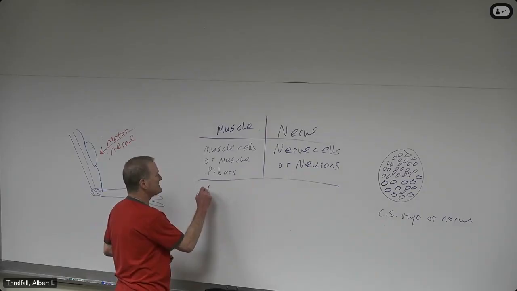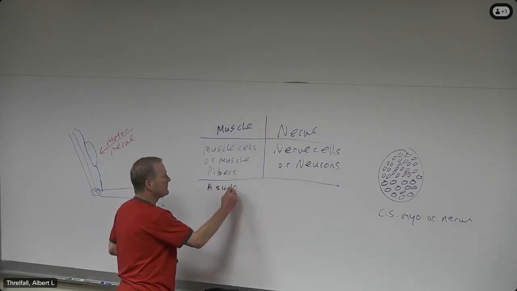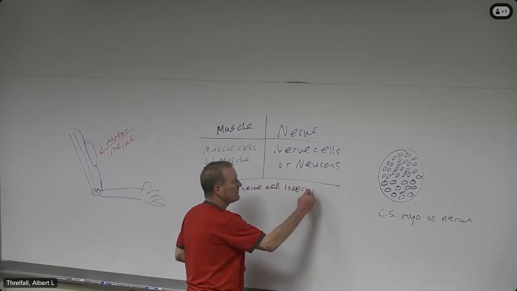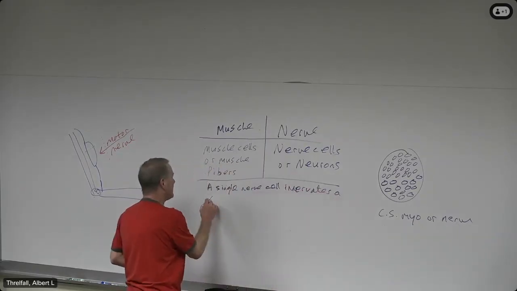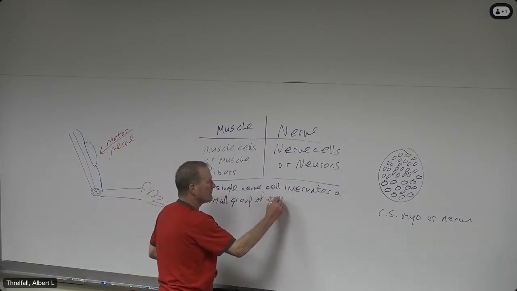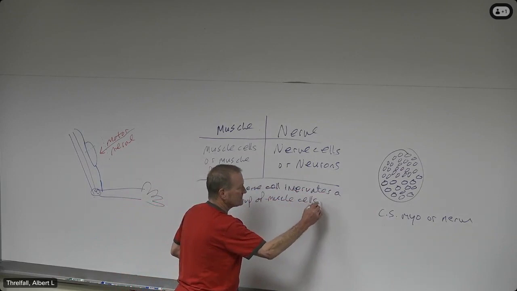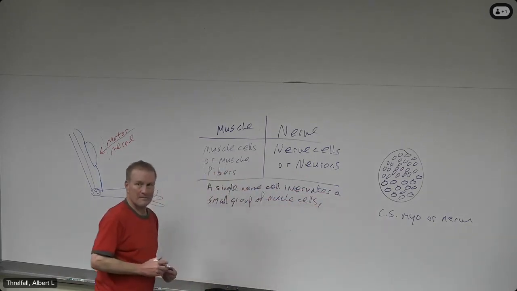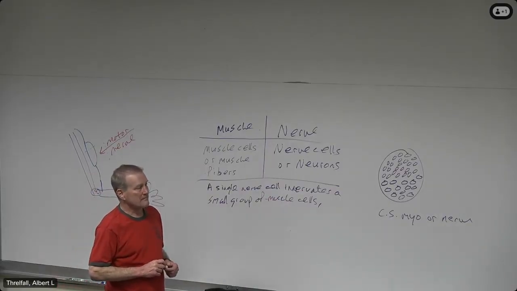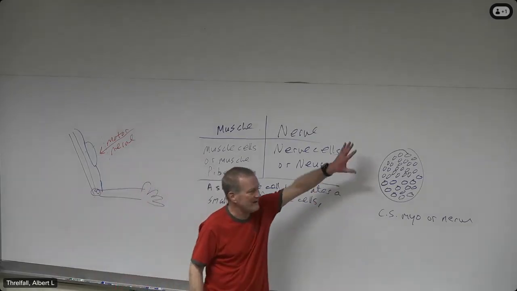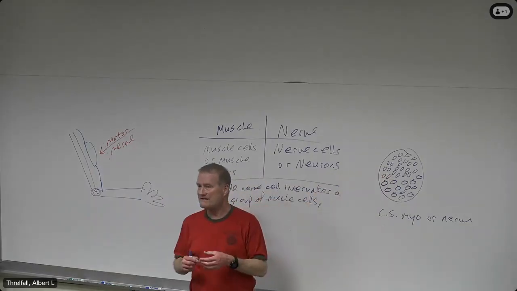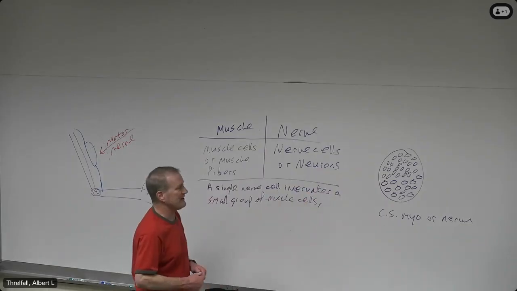A single nerve cell innervates a small group of muscle cells. So the nerve and the muscle are divided into millions of individual cells, and one nerve cell will innervate or stimulate a small group of muscle cells.